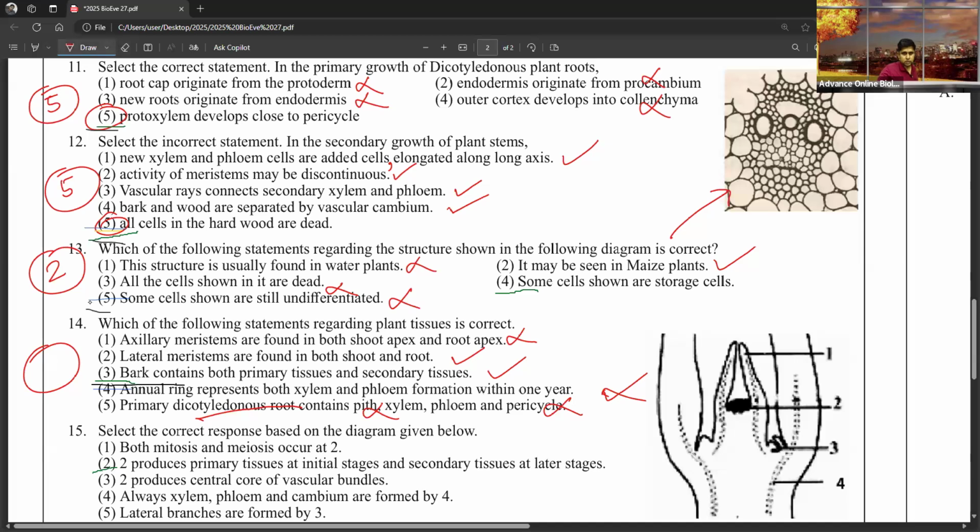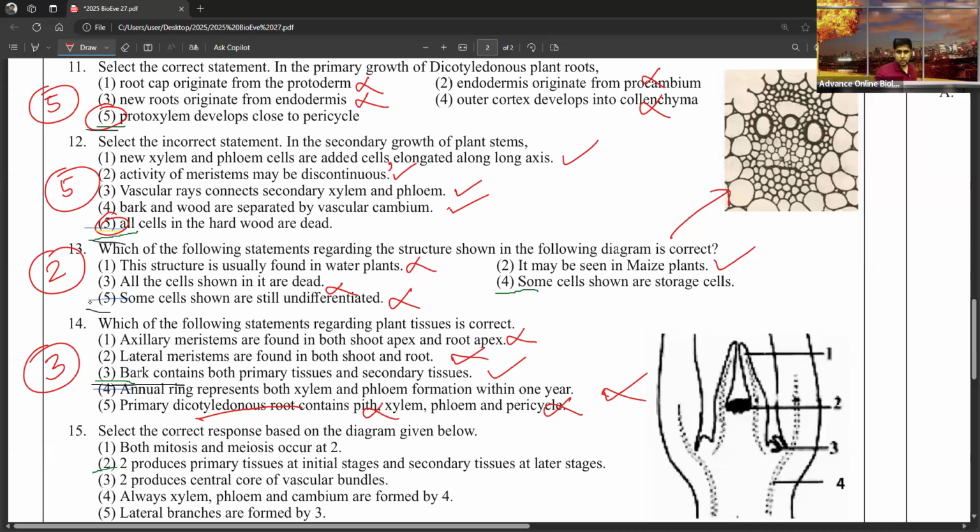So I'll go just with the third one as the best. So question number 14, the second is incorrect for monocots, right? Lateral meristems are found in both. Yeah, monocot is wrong. So I'll take it as wrong.